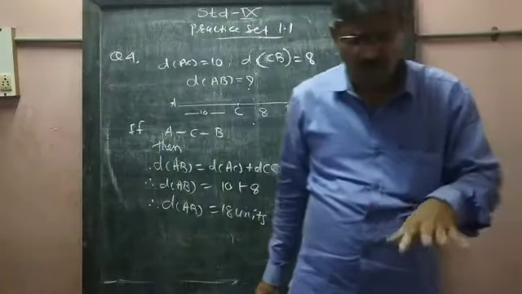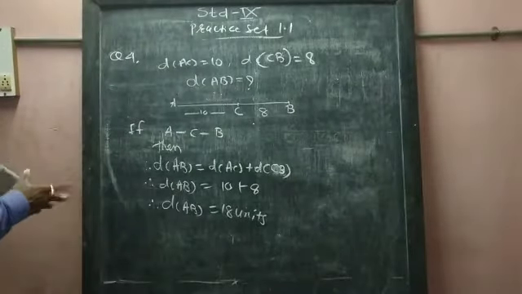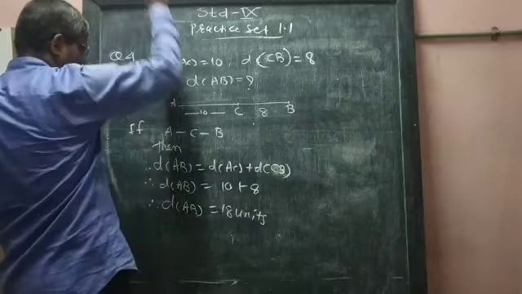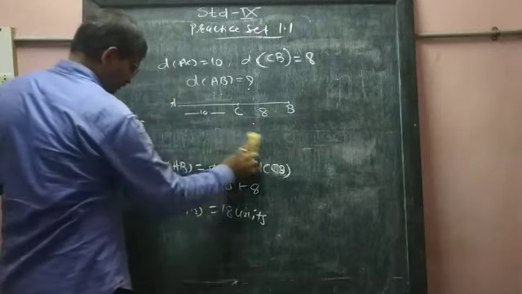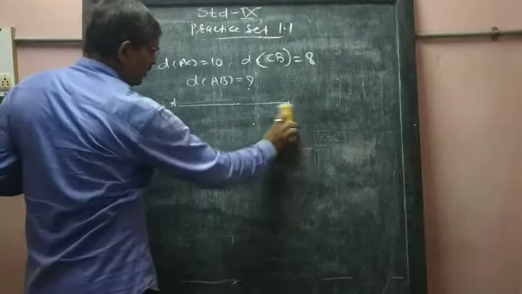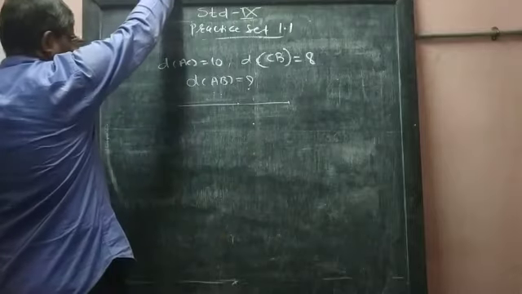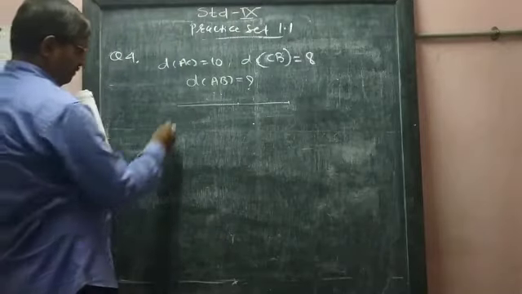We should draw a diagram so it is easy to understand. Now we will see another condition. What can happen? Here it is the same thing, I will change only here.